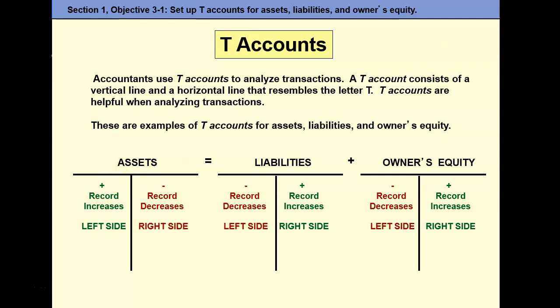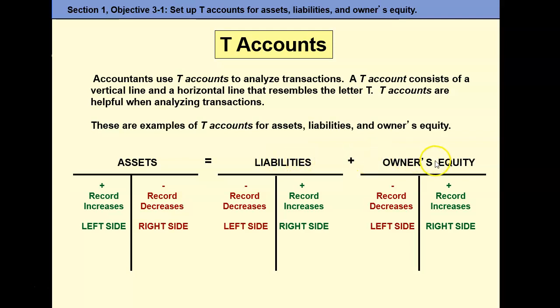To make the rules seem a little simpler, think about the accounting equation that says assets equal liabilities plus owner's equity. Think about the assets being on the left-hand side of the accounting equation. Assets increase on the left-hand side or the debit side of the T account.